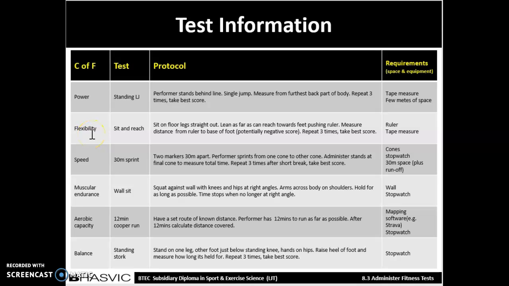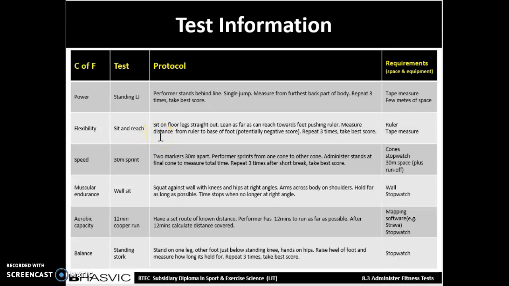The next component of fitness is flexibility, and to test this, I did the sit and reach test. Due to circumstances, I didn't have access to a sit and reach box, which would usually be what you'd use for this test.